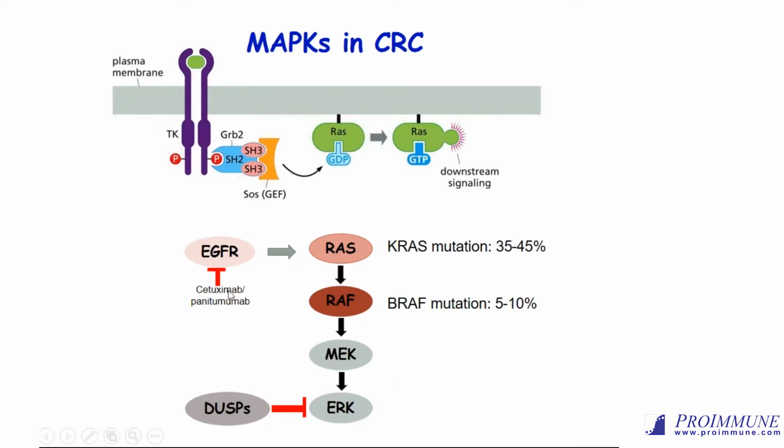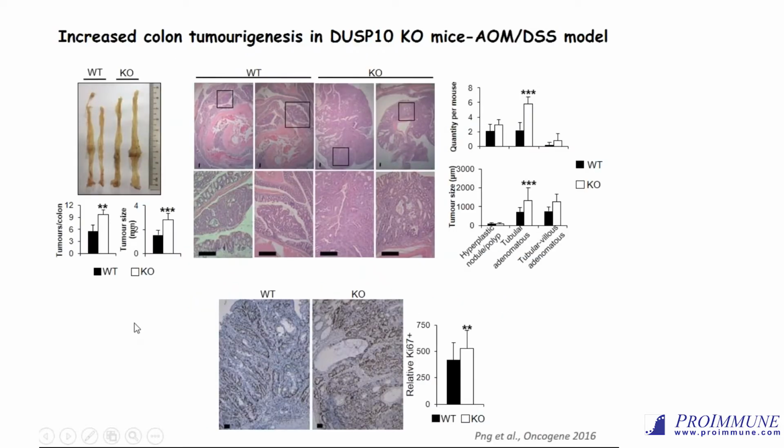As DUSP proteins are negative regulators of the ERK pathway as well as other MAPK pathways, DUSP10 probably plays a very important role in the development of colorectal cancer. So to address the function of DUSP10 in CRC, we utilized a mouse model of CRC.